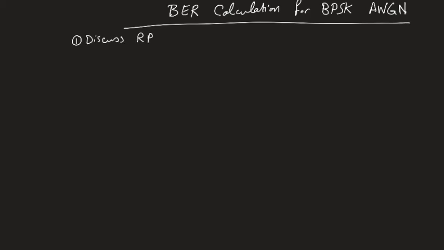For this part, we started by discussing random processes and their types. You should know those types and what the differences are between one type and the other. So the stationary, the wide sense stationary, the ergodic, and then the general random process.